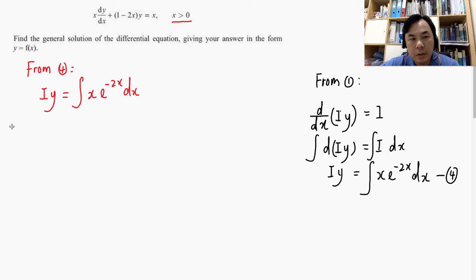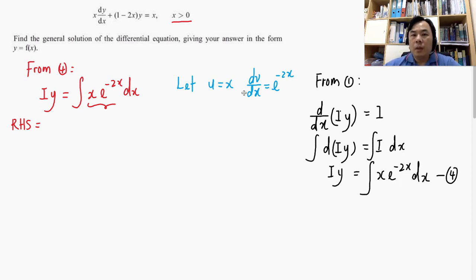I'll just write down the right-hand side expression here, so that we are referring to this section here. Now, first of all, I'm going to write down at the side, I'm going to let u be x, and then dv dx equal to e to the power of negative 2x here.